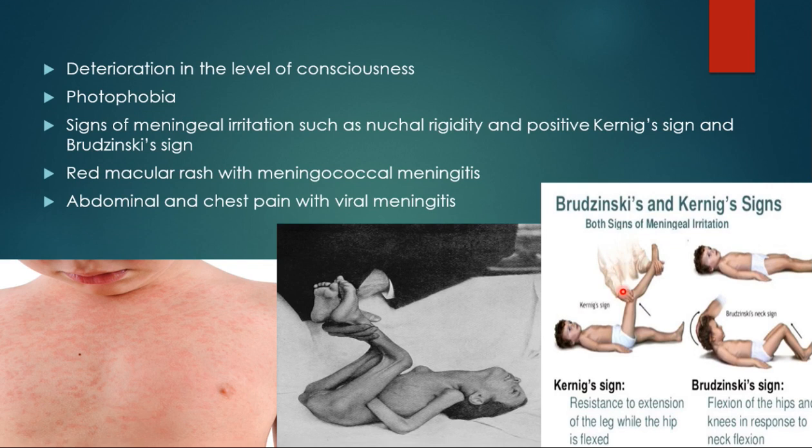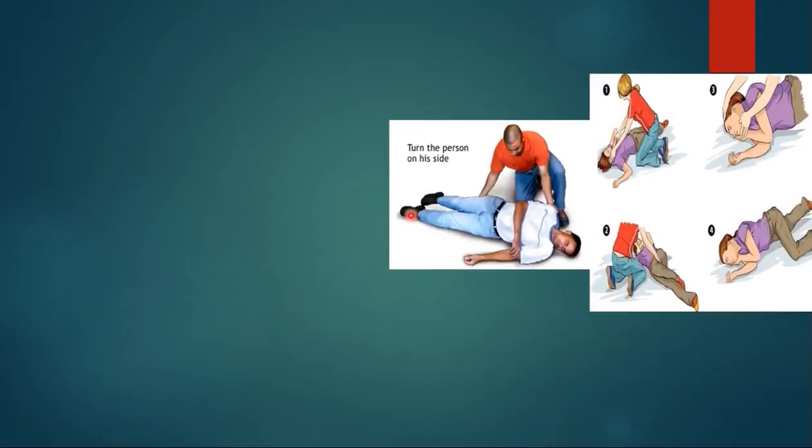This is all about the Kernig sign and the Brudzinski sign. Next, we will have red macular rashes with meningococcal meningitis. Patient may have abdominal and chest pain with viral meningitis. This is all about the assessment.